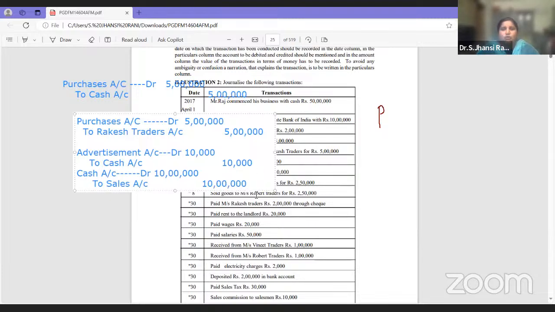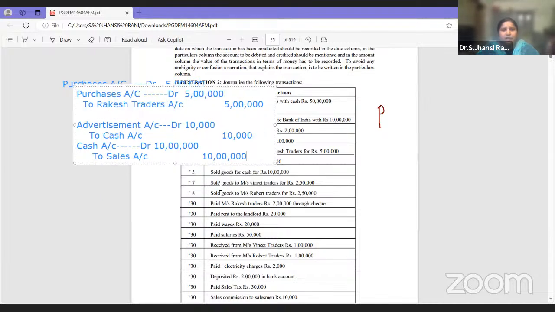Next, sold goods to Vinith traders, rupees 2 lakh. So what I said: whenever there is no word of cash in the transaction, that would be treated as a credit transaction.